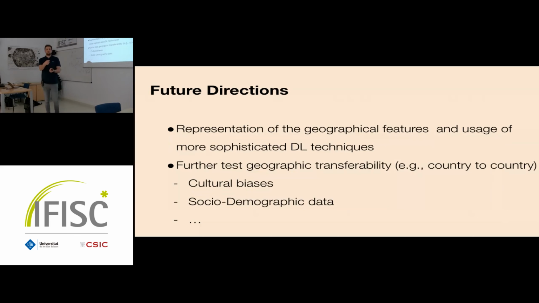Because the weight of the population, for example, that in England is not that relevant, is relevant in other countries. And that's why it may be interesting to not only have the population and the points of interest, but also try to introduce some more socio-demographic data that may make the work easier, right?